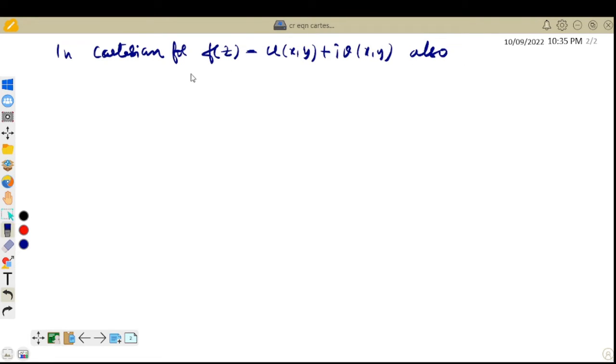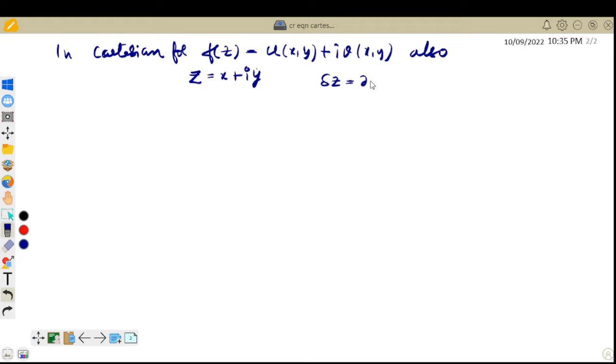Also, the point is z = x + iy. I need to get Δz by using the total derivative rule.